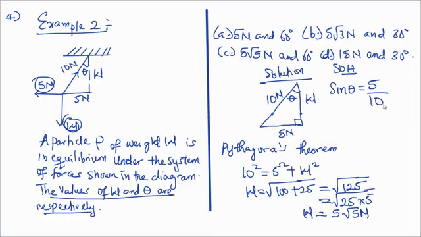Hypotenuse is 10. We are looking for theta, so that will be arc sine. This here 1, this here 2. So we are looking for arc sine 1 over 2, and arc sine 1 over 2 is 60 degrees. So our answer is 5 root 5, 60 degrees. So this is example 2, and our answer is option C.